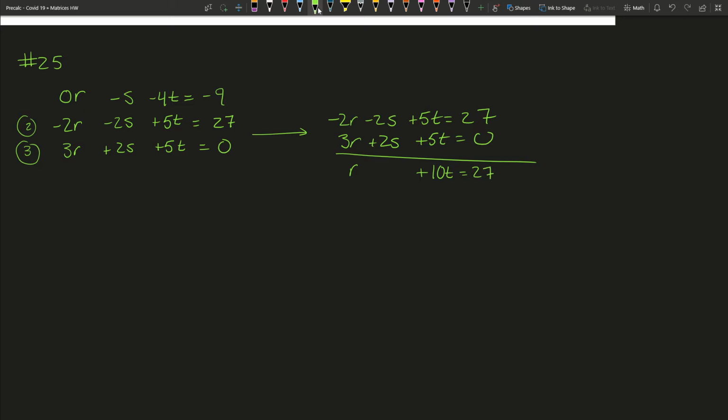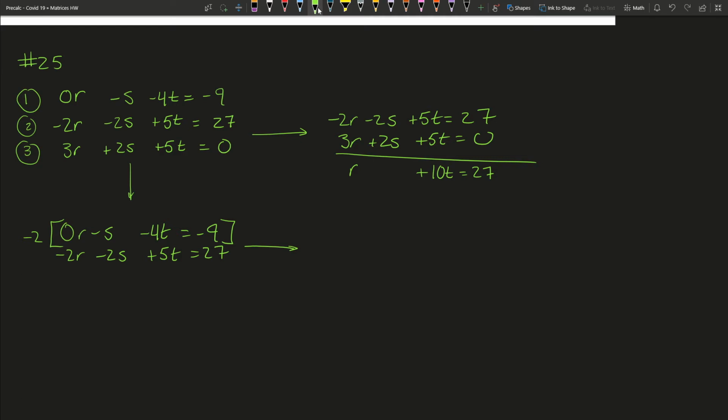And then I'm going to take the first and second, and I'm going to eliminate S in the same way. So I need to multiply the top one by -2.